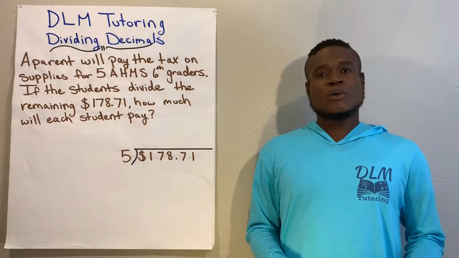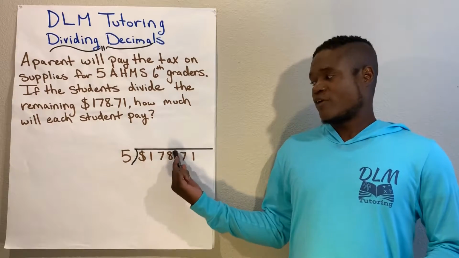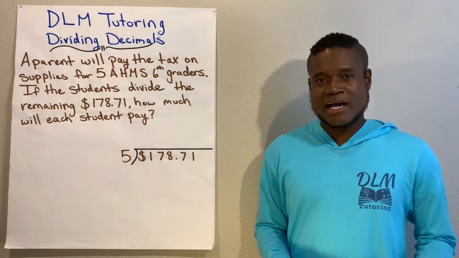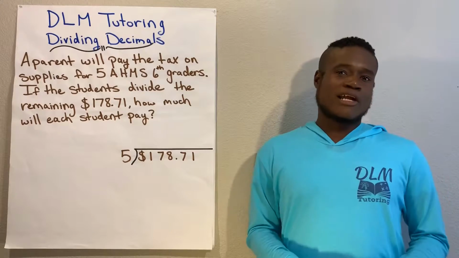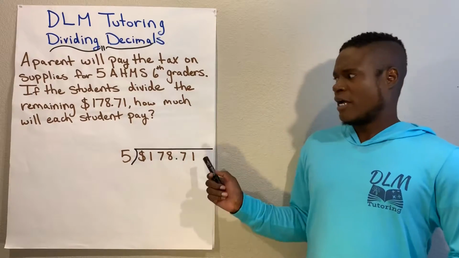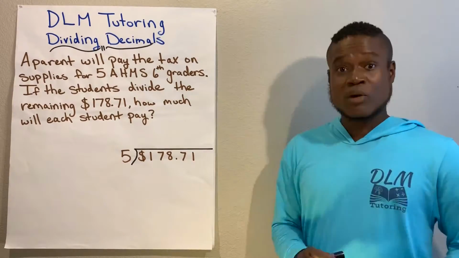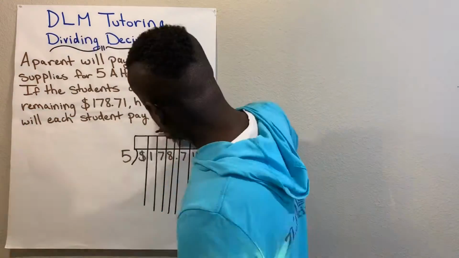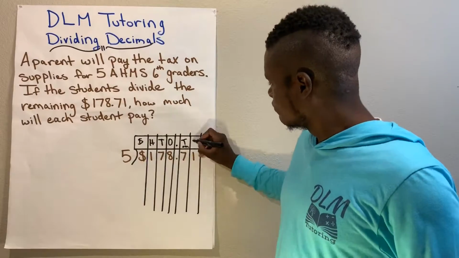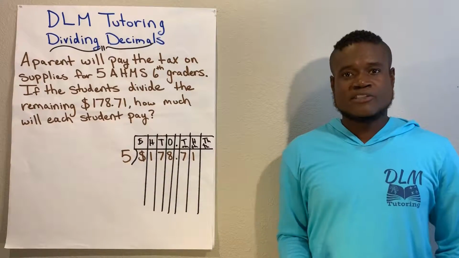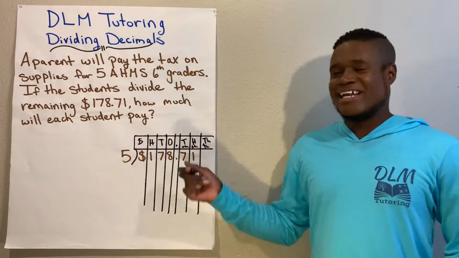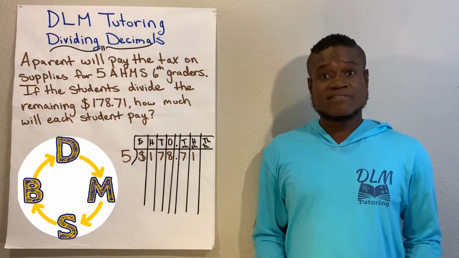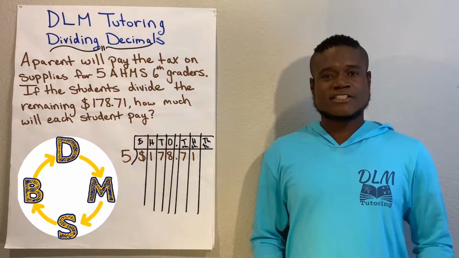So here you're going to see me add in place value charts to this problem so that I can keep track of my numbers a little bit better and make sure that I don't make any mistakes as I'm dividing with decimals. I'm able to see my numbers by place value, and it's going to allow me to keep track of my numbers better.